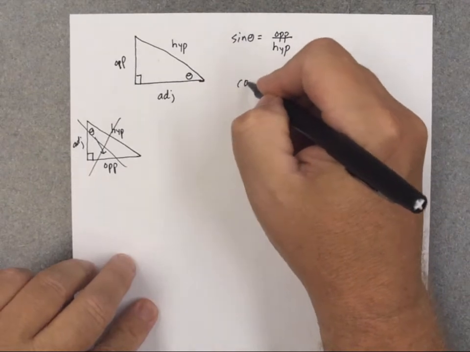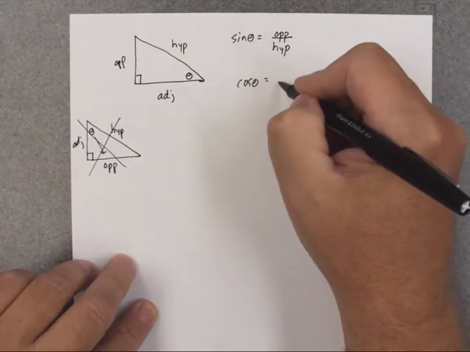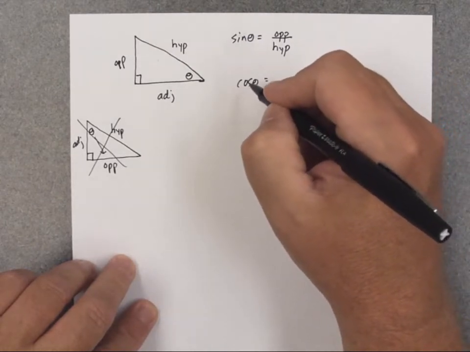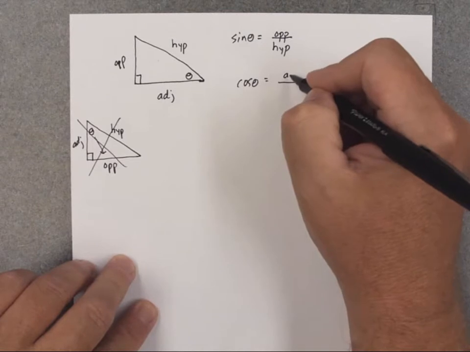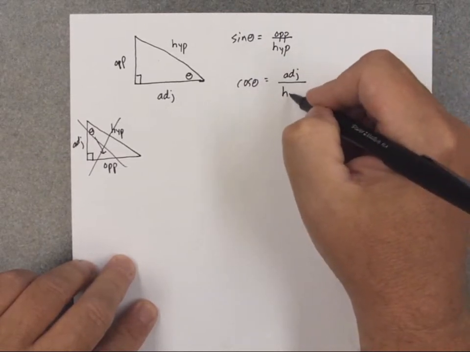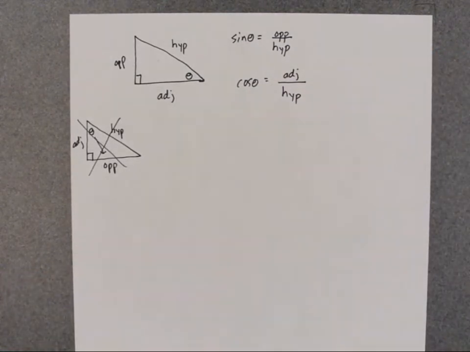The cosine of theta turns out it's also a fraction, and now it compares the sides of the triangle. We first look at the adjacent side over the hypotenuse.